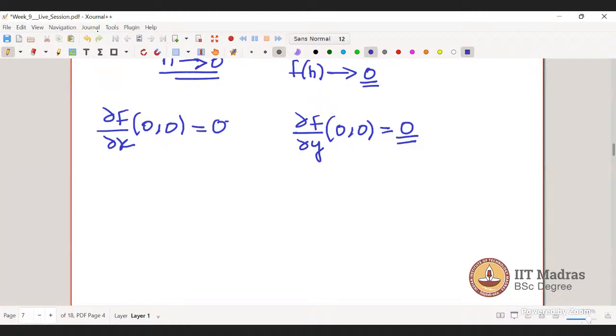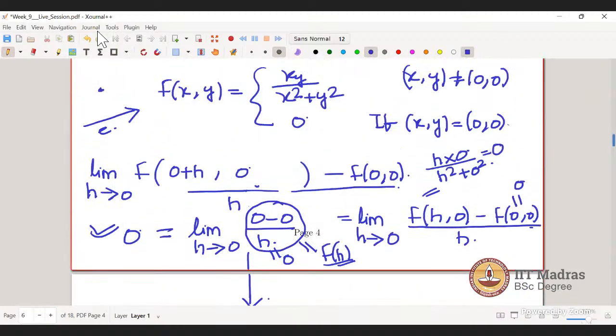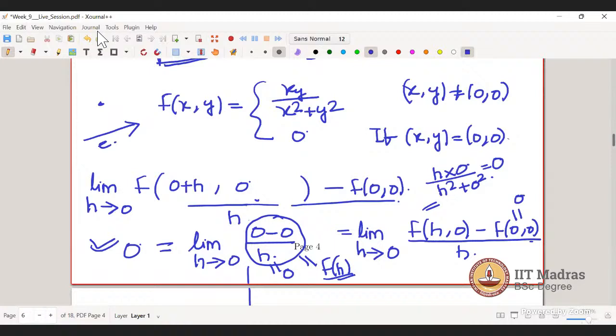Sorry? In this case, f of x was defined as 0, and the partial derivative is also 0. Is there another function where the function value is 0, but the partial derivative is not 0? I guess that is possible.